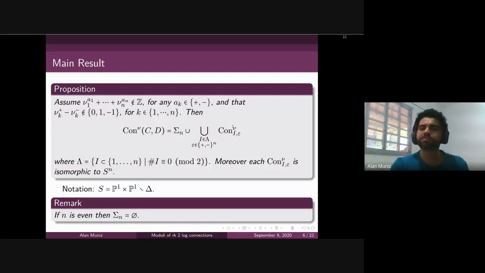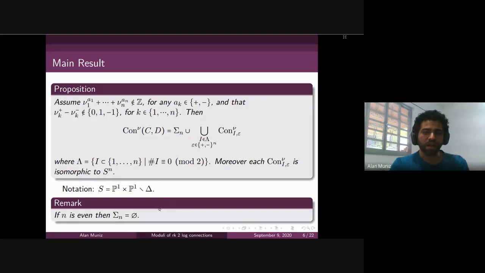So these pieces that we are putting together are very easily described, and we can describe our moduli space by some gluing of these things, plus some other stuff that poses some difficulty to understand.